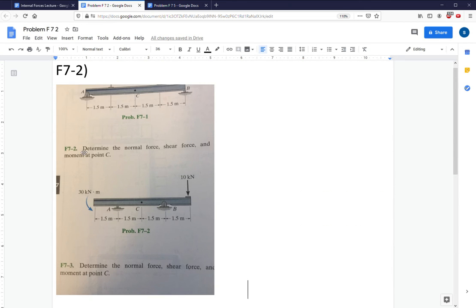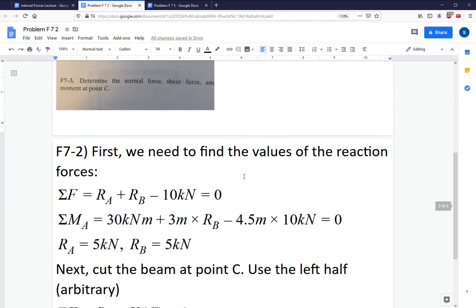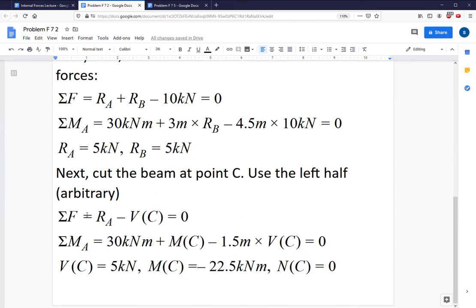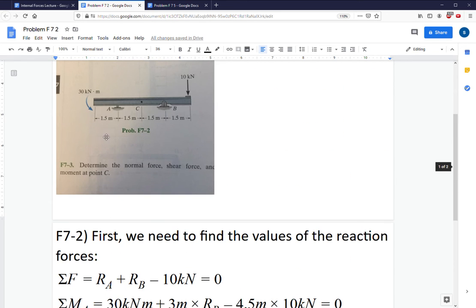Next, the question is determine the normal force, shear force, and moment at point C. So what we're going to need to do here is cut this beam in half at point C and select one of the two segments to look at. I have opted to select segment A. So sum of forces, again, this 30 kilonewton meter moment does not apply any net force.